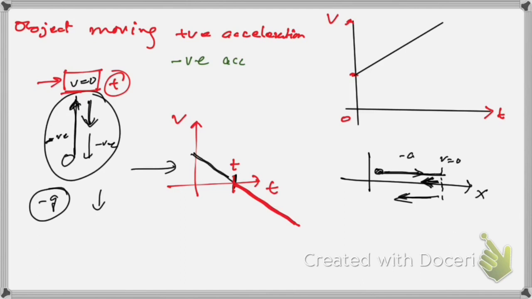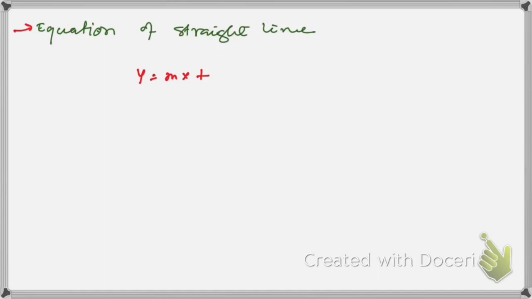Now let's move on. If we solve problems related to graphs, we must know the different forms of equations of a straight line. The general equation, the slope form, is given by y = mx + c if the slope is known.